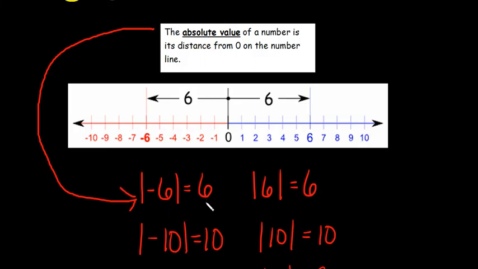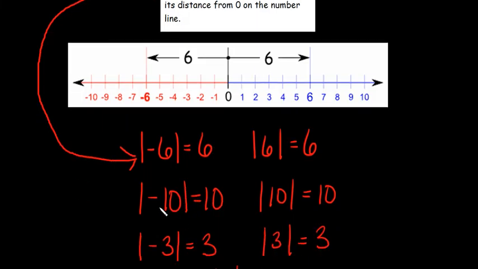That's because it's 6 places from 0 on the number line. The absolute value of negative 10 is 10 because it is 10 places from 0 on the number line. The absolute value of negative 3 is 3 because it is 3 places from 0 on the number line. The positives are easy. Actually, they're both easy.